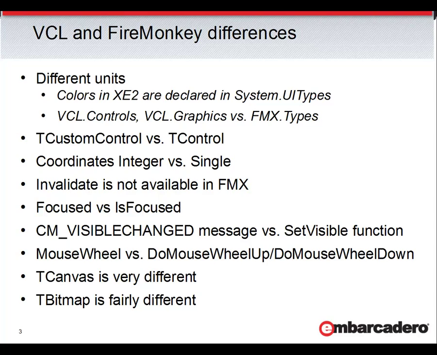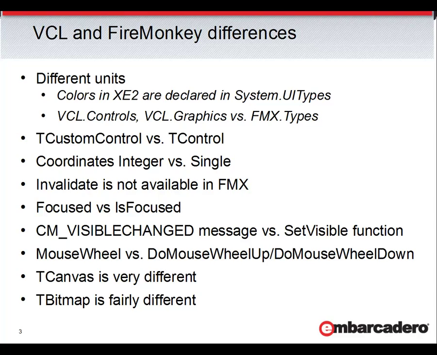There are also some differences in naming, such as Focused in VCL is called IsFocused in FireMonkey. Some functionality which was implemented with messages in VCL, such as CM visible changed, now is implemented as a SetVisible virtual function in FireMonkey, which obviously makes the development in FireMonkey easier.